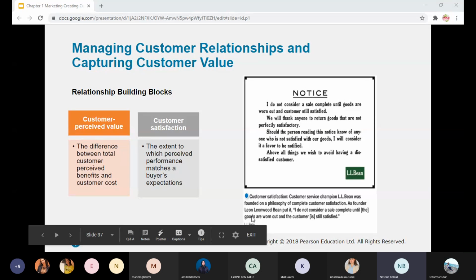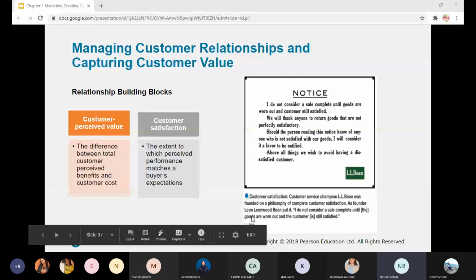So smart companies aim to delight customers by promising only what they can deliver and then delivering more than they promise. Okay? As a company, to have a delighted customer, I will just promise you only what I can deliver to you.